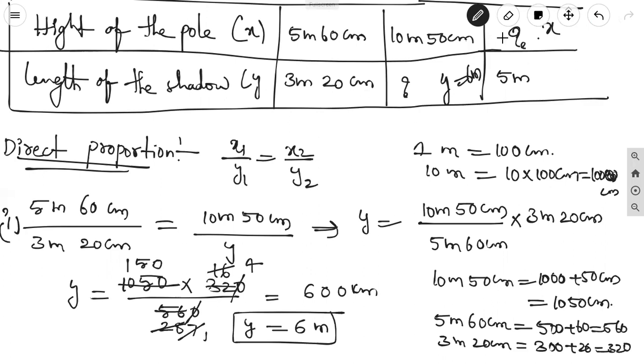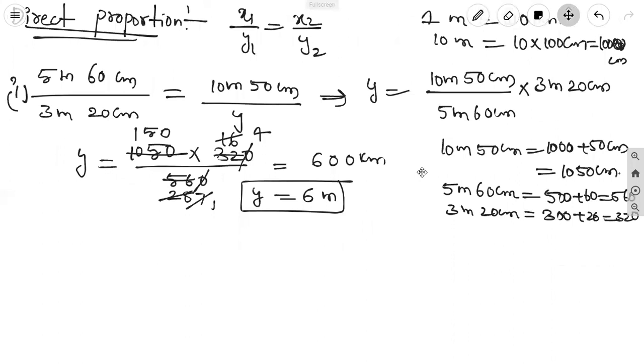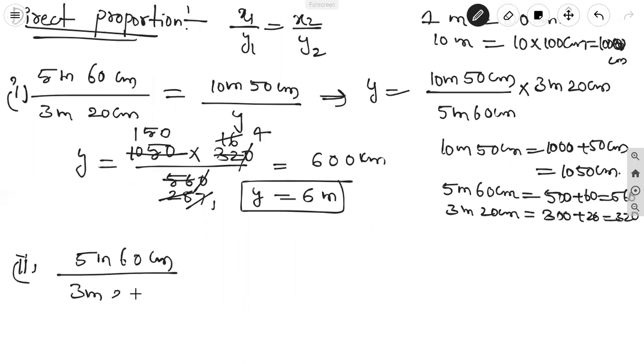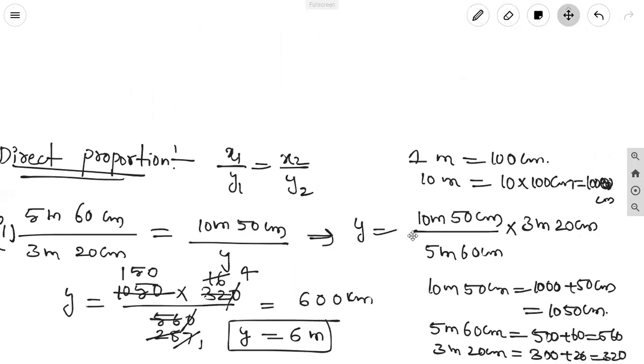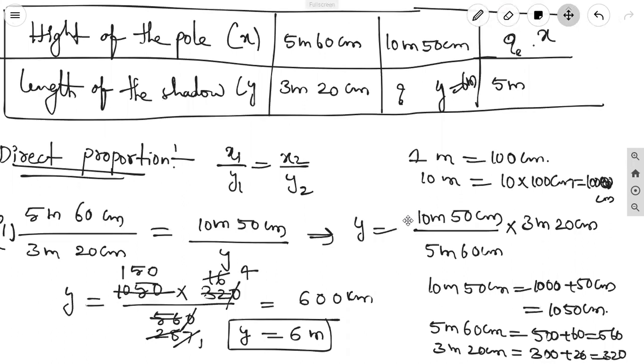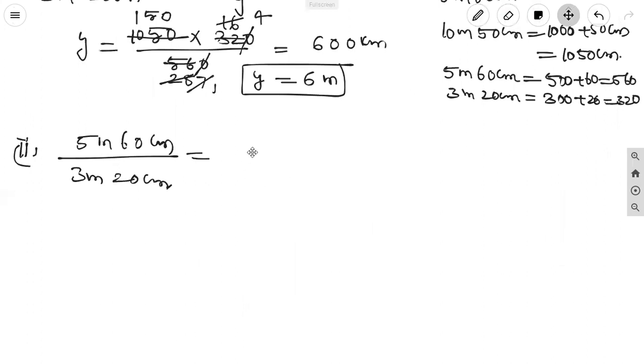The second question is 5 meter 60 centimeter by 3 meter 20 centimeter is equal to what they have given. Height of the pole equal to x, shadow is 5 meter.